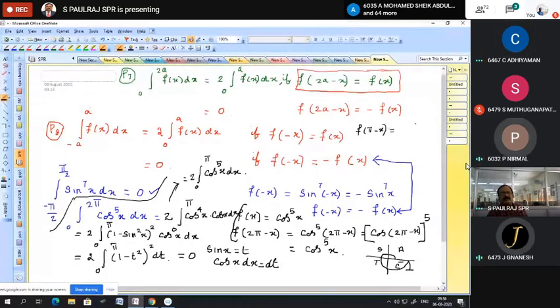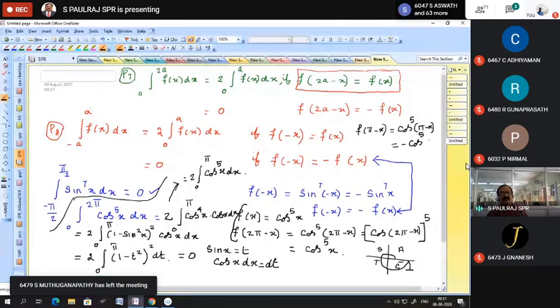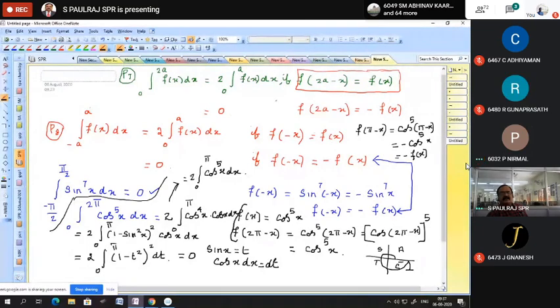Minus cos power 5 x. Cos of pi minus x is in the second quadrant, so the answer will automatically be negative: minus cos power 5 x, which equals minus f of x. So the answer is 0. That is the reason he said the answer immediately.